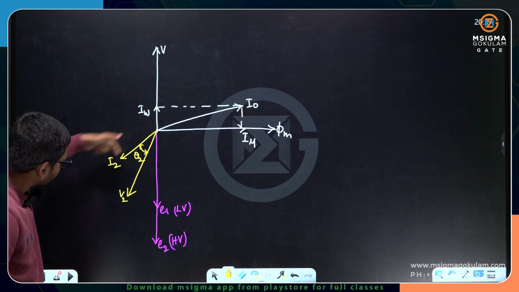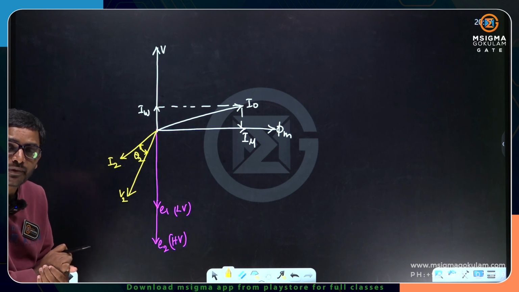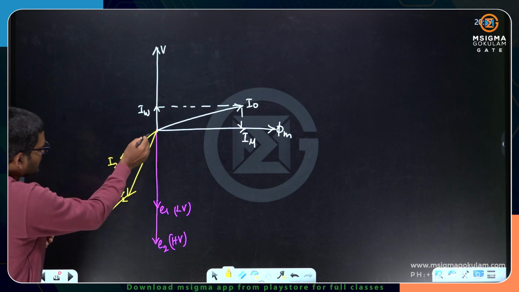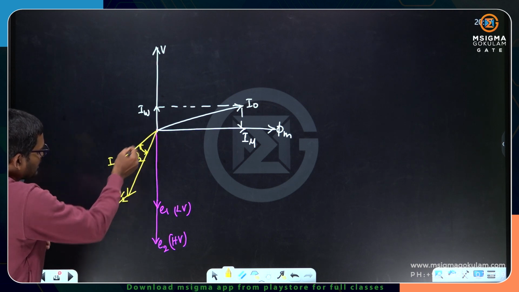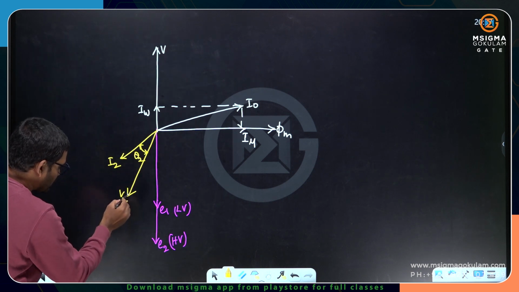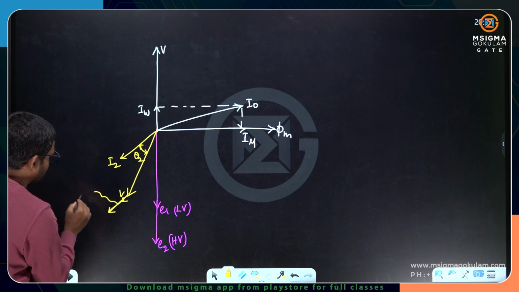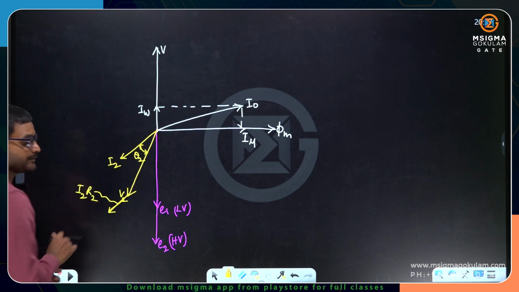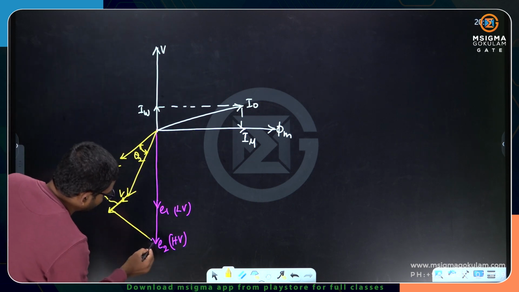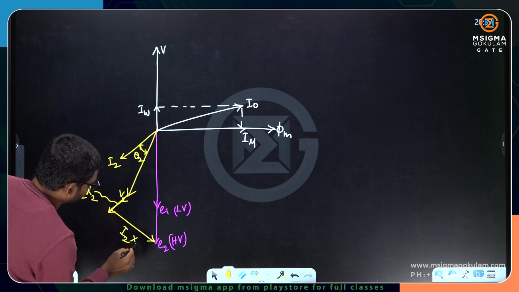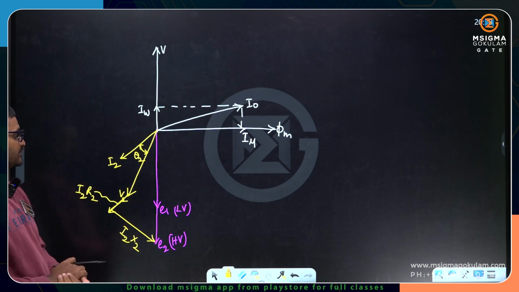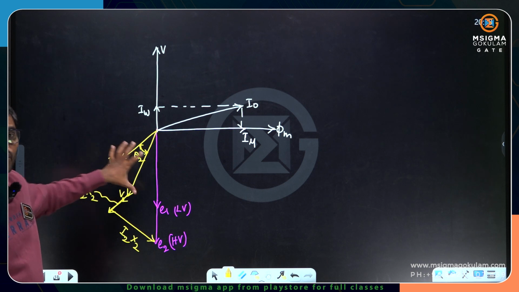The I2 R2 resistance drop component will be in phase with I2, because voltage and current are in phase in a resistance. Now the I2 X2 component is perpendicular, plus J, perpendicular. So V2 plus I2 R2 plus I2 X2 will be the induced EMF. This is the actual load side phasor diagram.